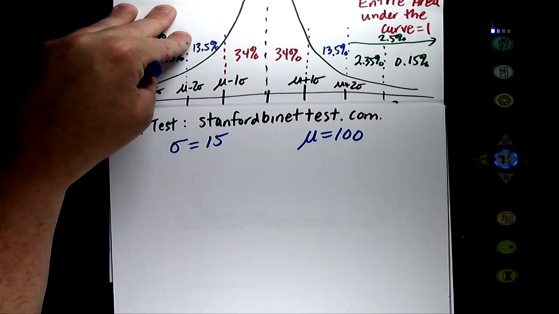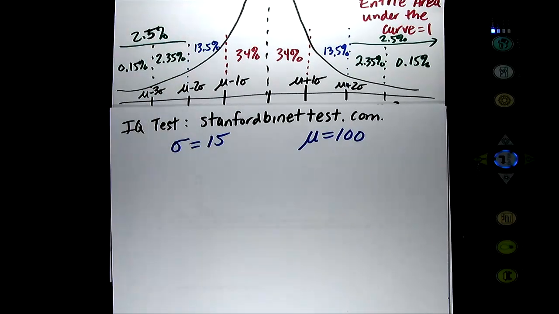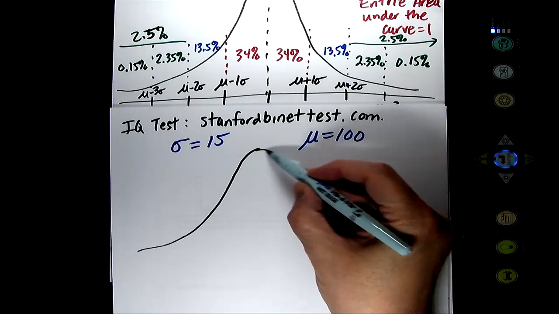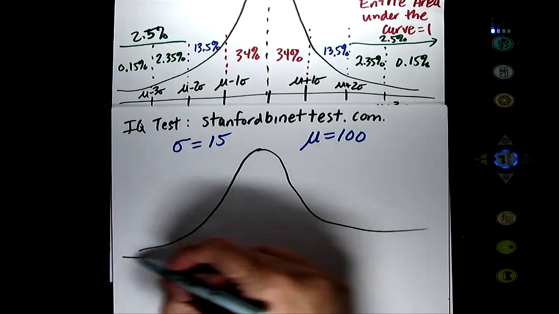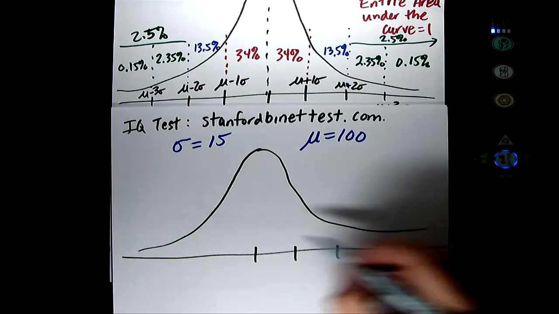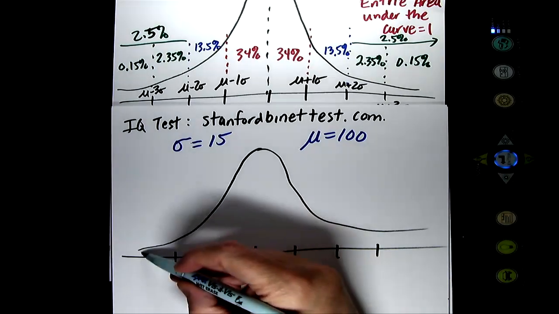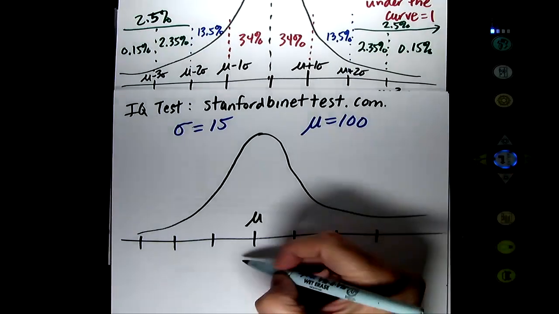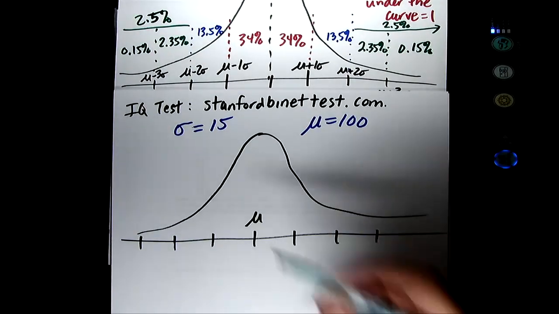Which means if I want to set up the empirical rule for the IQ test, I'm going to put the mu in the middle. The 100 is our mu, that's our average.